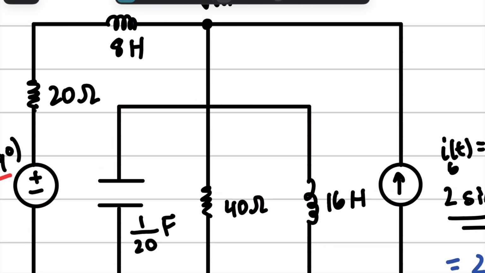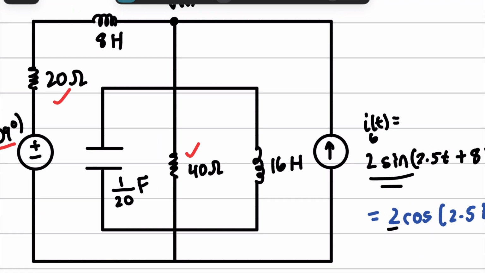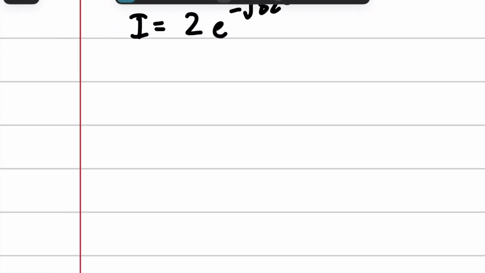Now we have a lot of converting to do here. This is a resistor, so that's good, and this is a resistor, that's good. So we need to convert the two inductors and the capacitor. Let's do the inductors first.